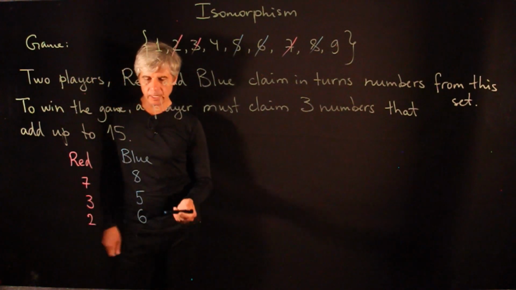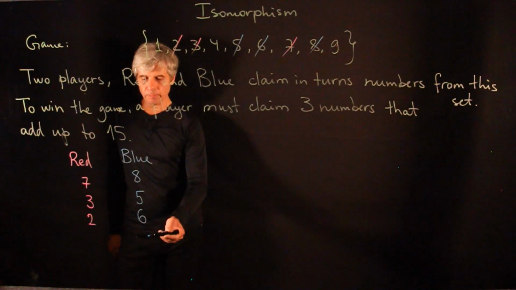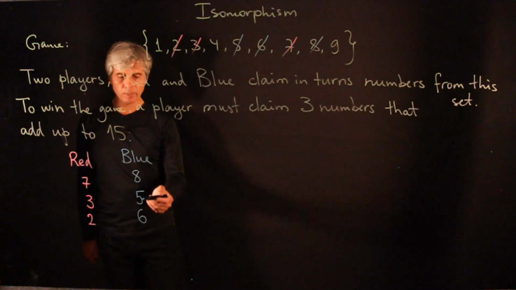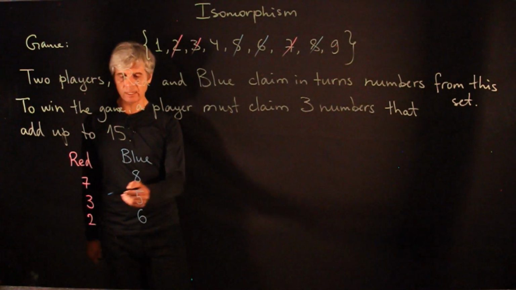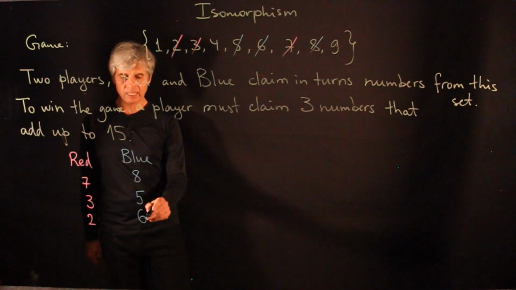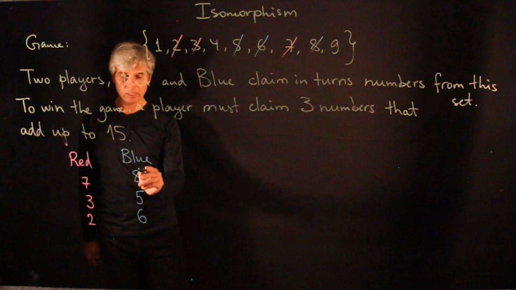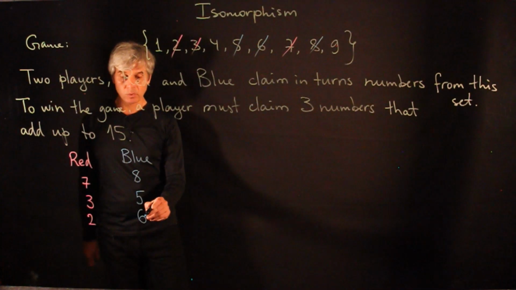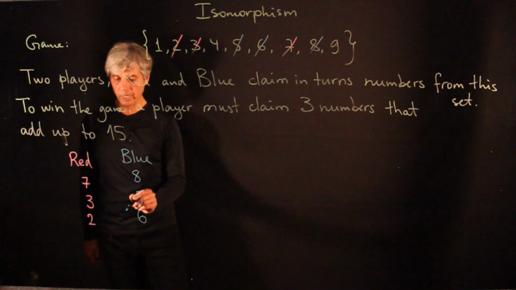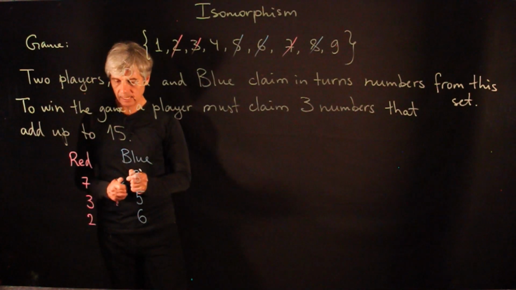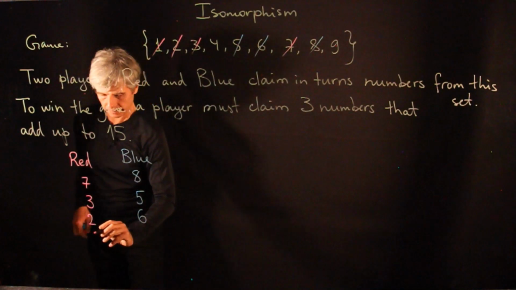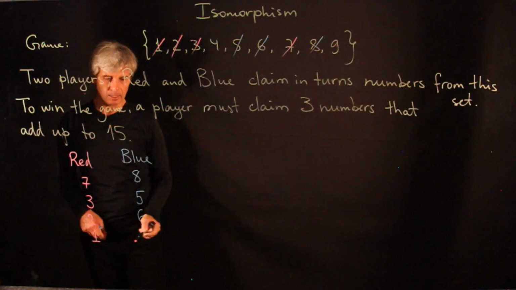So let's see what happens if blue can win on the next move. We have 8 plus 5, that's 13. Well, we already blocked this by claiming 2. 8 plus 6, that's 14. So if blue captures 1, then blue will win. So red must claim 1 here.